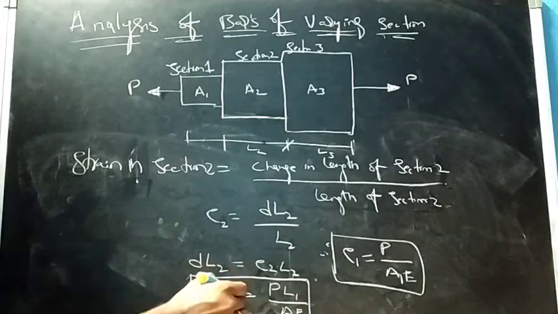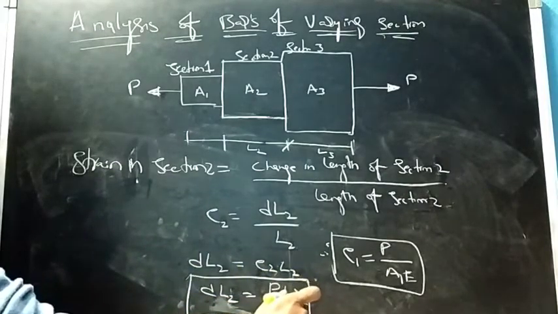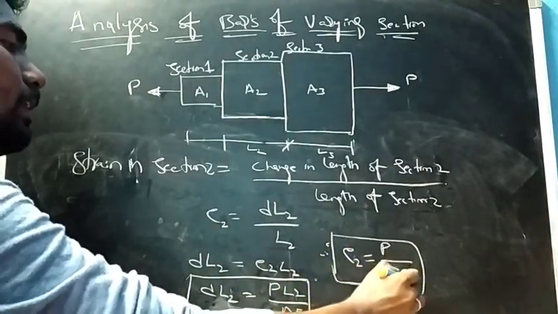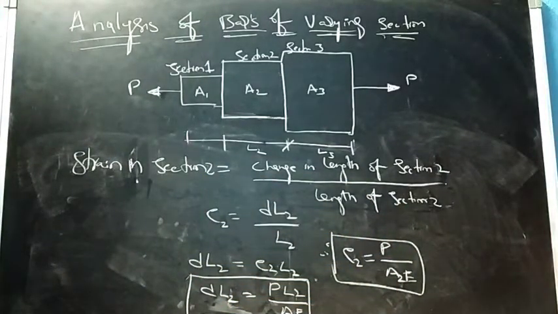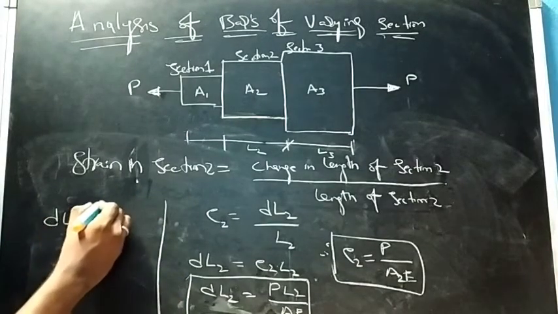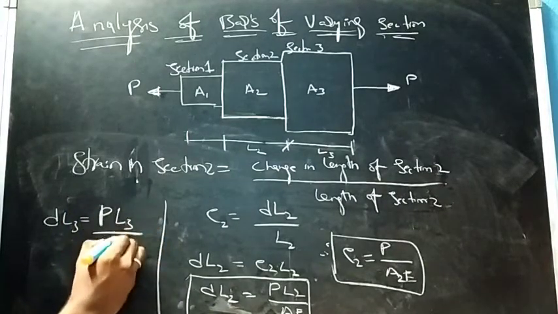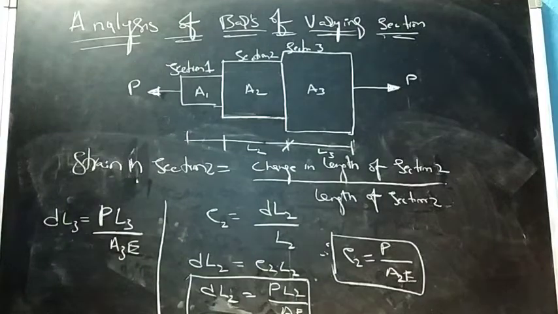Wherever I wrote 1, now it will be 2, and the area will be A2, and epsilon 2 is nothing but P upon A2 E. Similarly for section 3, dl3 equals P multiplied by L3 upon A3 multiplied by Young's modulus E.